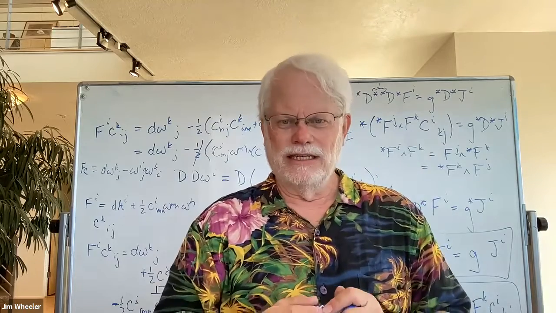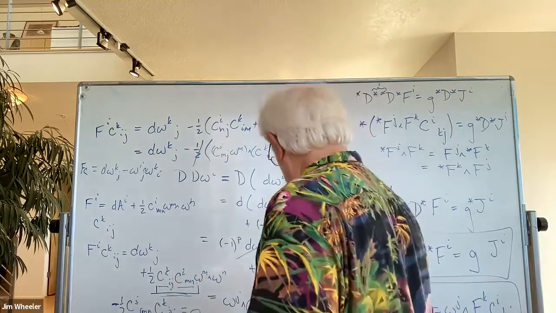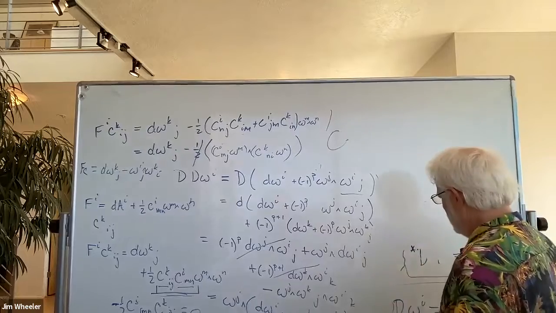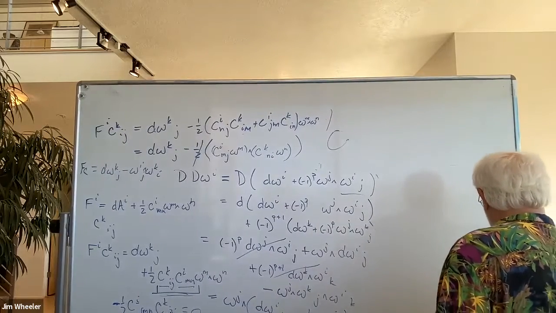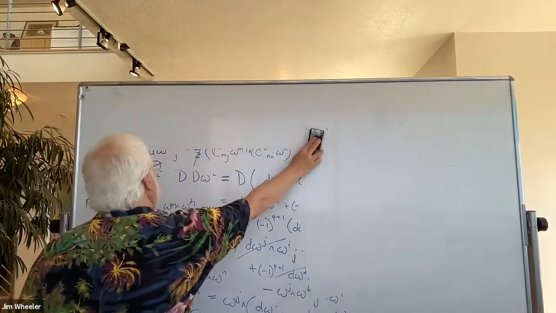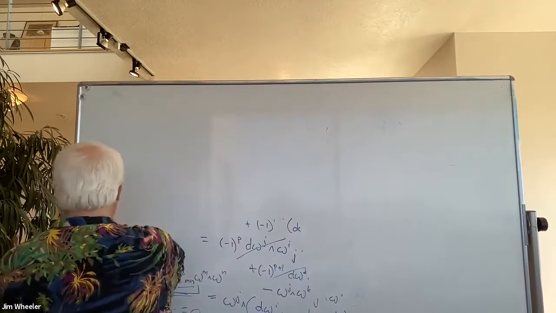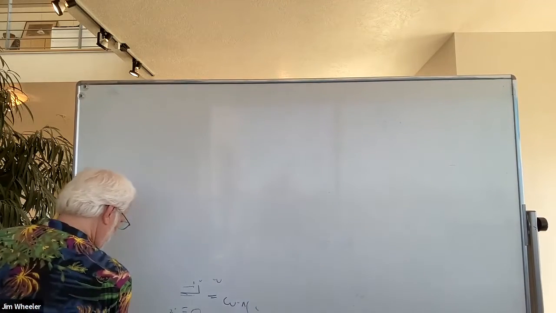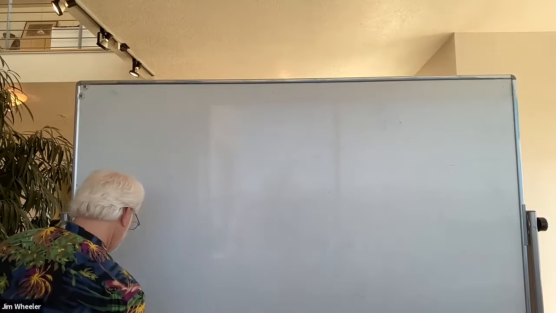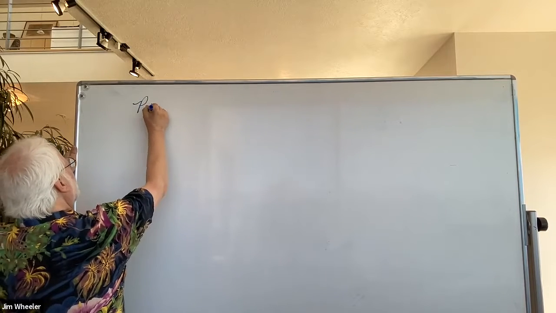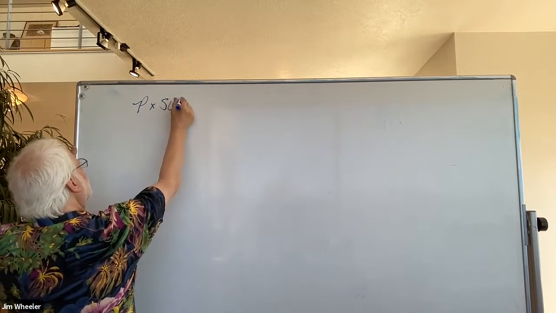Yeah, let me run through the summary just as I have it in the notes, so you can see what we've done. So we start with Poincare cross SUN.